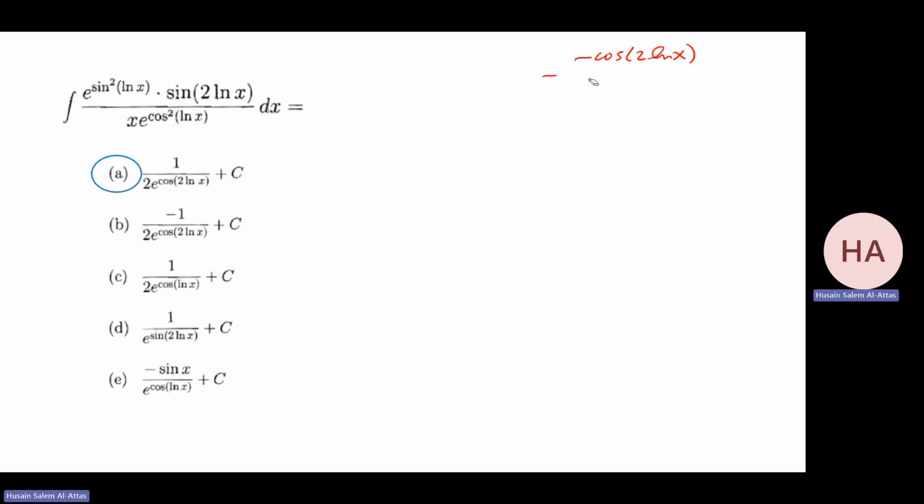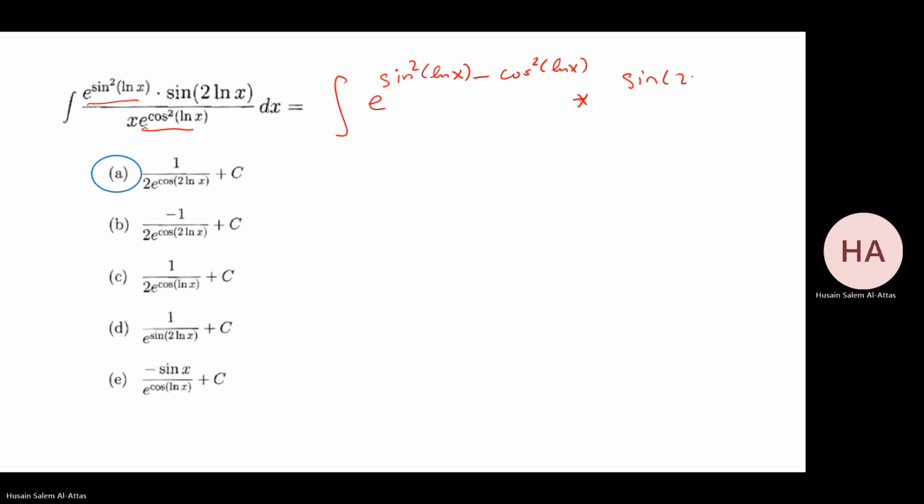Before I do this, just to see it, why I'm doing this? If you notice, this is e to the sine square ln x. There's a trick here, where I'll take this with this, e to the minus cosine square ln x, times sine 2 ln x over x dx.